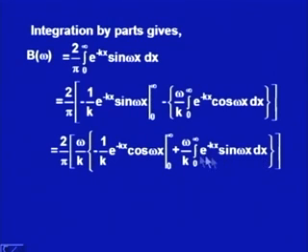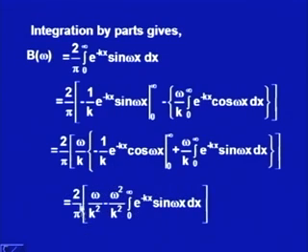Now, you see, we have again come to the same integrand which was in B(omega). The coefficient 2 upon pi is outside, so we can again take this as B(omega). Let us evaluate this function. As x approaches plus infinity, e to the power minus kx approaches 0, and at x equal to 0, cos 0 is 1 and e to the power minus k times 0 is also 1.